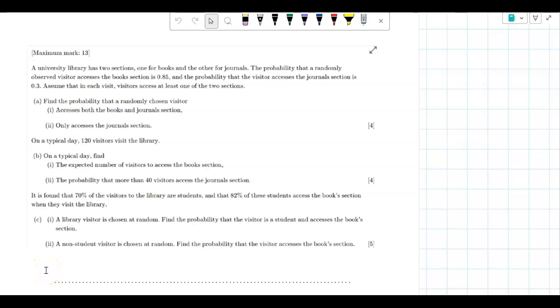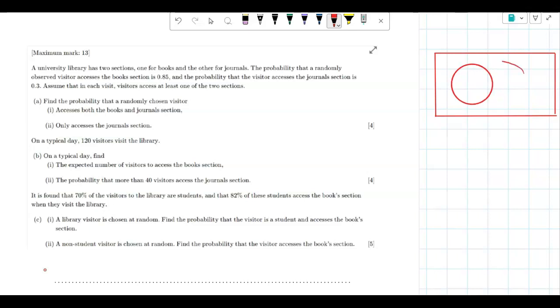So a university library has two sections, one for books and the other for journals. So we'll draw a Venn diagram. So this is books and this is journal.